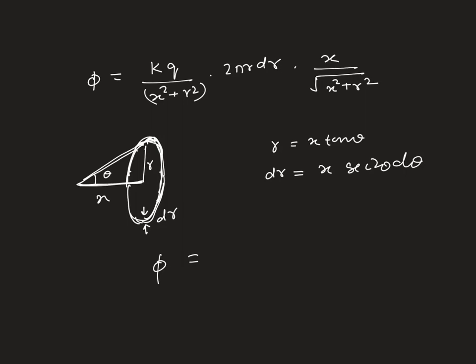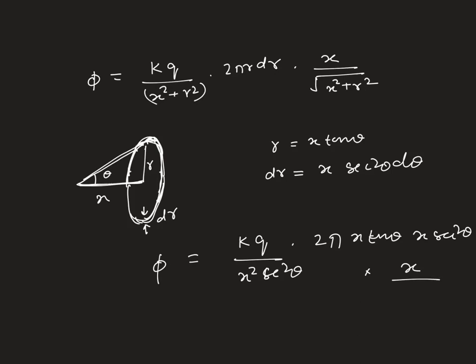So that was kq upon x squared sec squared theta, into 2 pi x tan theta, into x sec squared theta, into x upon x sec theta. So this is what we are getting, and you can simplify all these things.